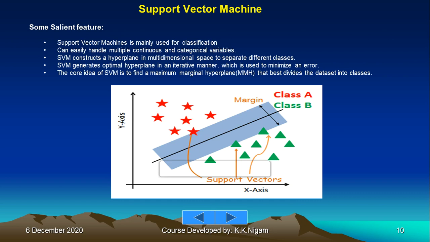SVM generates the optimal hyperplane in an iterative manner, which is used to minimize an error. The core idea of SVM is to find a maximum marginal hyperplane that best divides the data set into classes. Again, you can see in this picture how it is divided into two different types of data points.